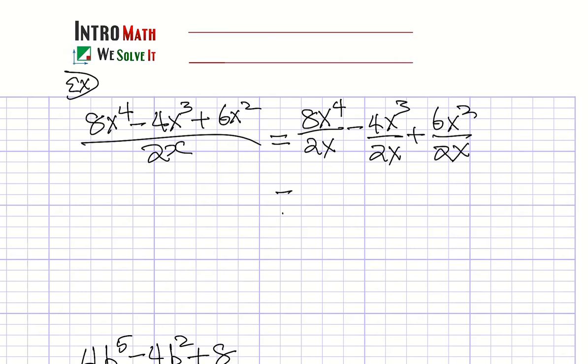So you simplify. What do you get there? You get 8 divided by 2, you get 4, okay? X on the bottom subtracted from x on the top, you get x raised to the power 3. Minus 4 divided by 2, you get 2.